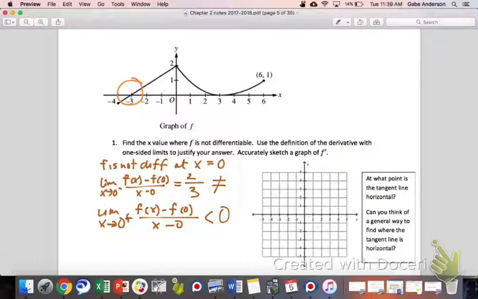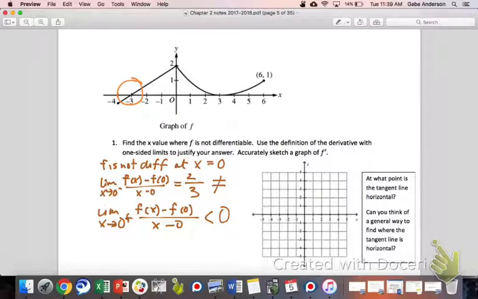At x equals -3, f is 0, right? It's crossing the x-axis. At x equals -3, f prime is 2/3. Do you see the difference? Let's be really precise about what we say. So at x equals -3, f is 0, but f prime is 2/3. Two different things describing the same graph, but they're two totally different things.